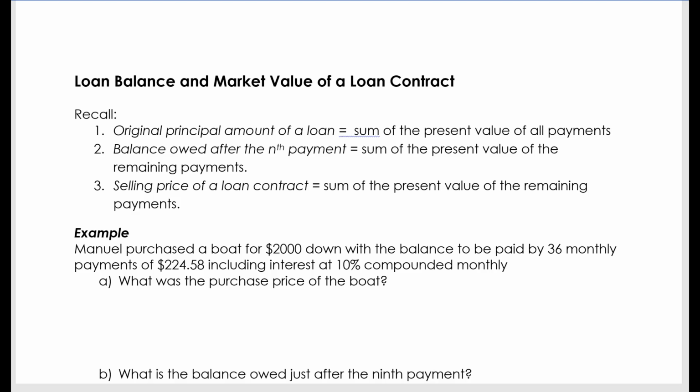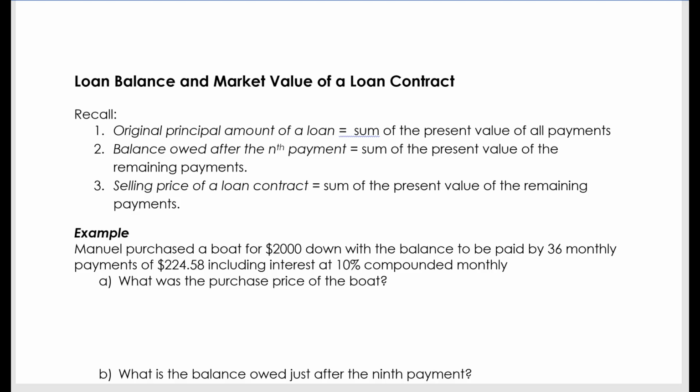So if you had a loan that was 3 years long, and after the first year you wanted to pay it all out, you can find the remaining balance by adding the present values of all the remaining payments. So what payments are left. If you were to sell the loan, you would look at the present value of the remaining payments, and that's the value you would sell the loan at.